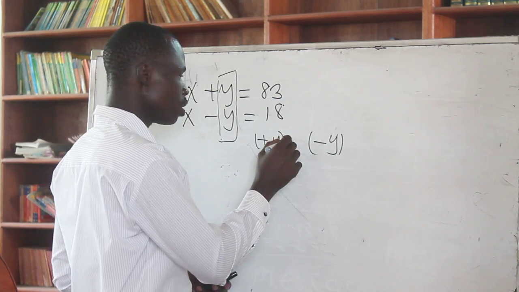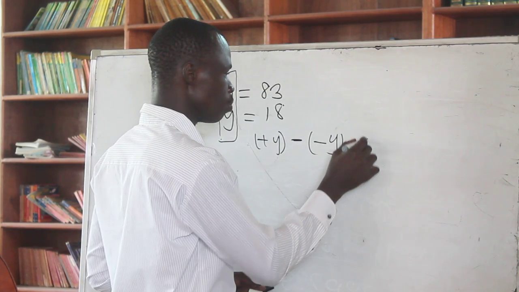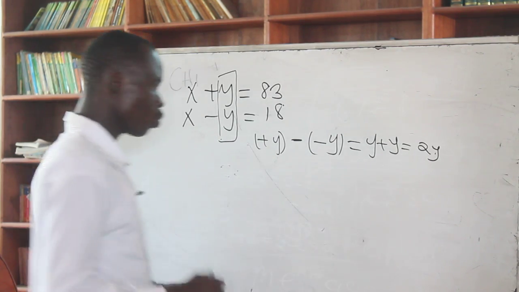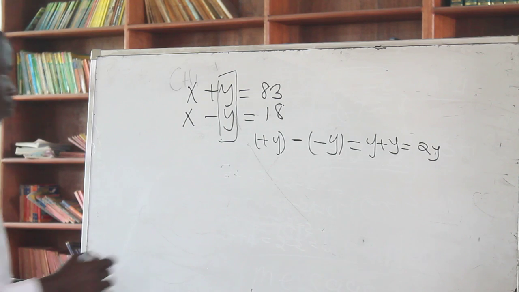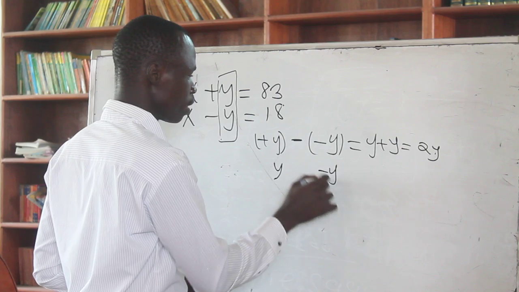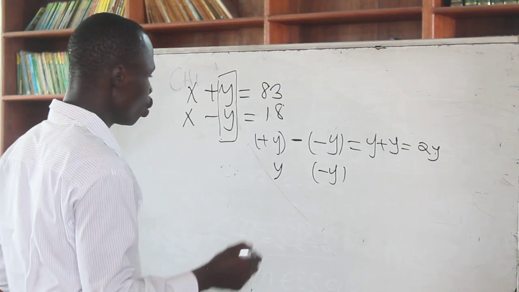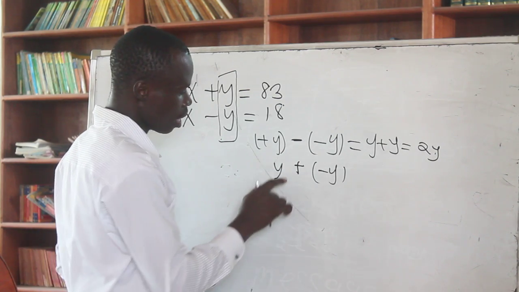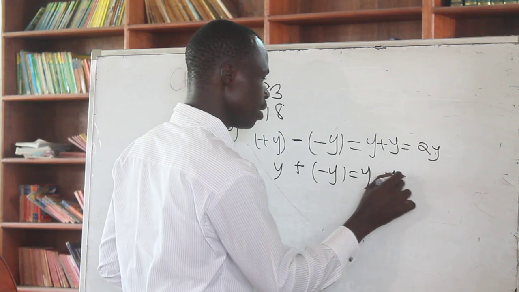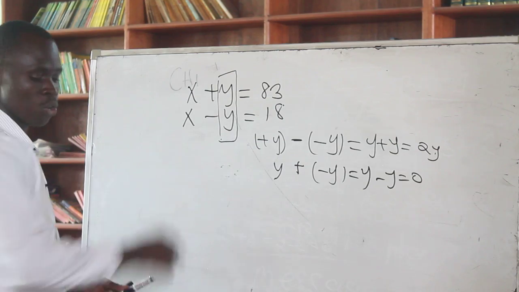If we put a minus here, a minus and a minus will give us positive, so y plus y, which is not what we are interested in. We are interested in getting a 0. So if this is a y, then this one is a minus y. So if we put a plus here, y minus y is equal to 0.